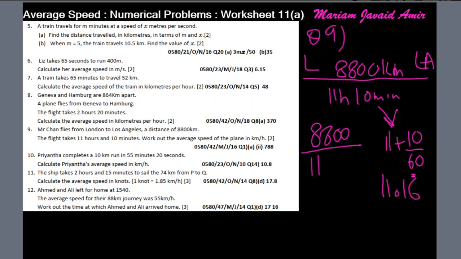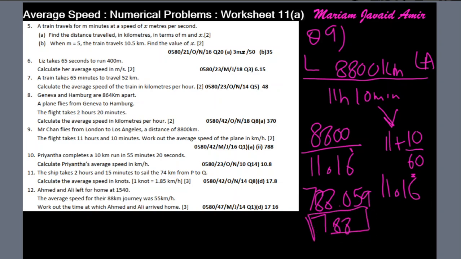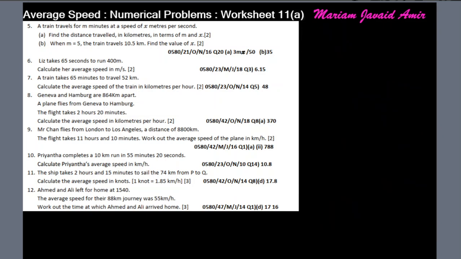So I'll write this here. In my calculator I'll enter 8800 divided by answer, and I get 788.059, and when I round it off to 3 significant figures, I'll just get 788 kilometers per hour. Question 10.